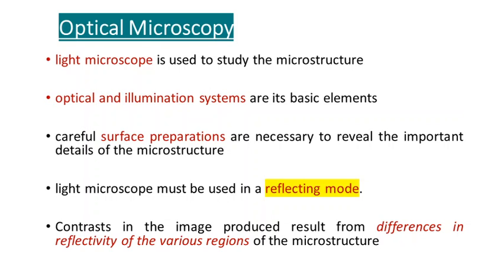This microscopic analysis is based on the reflectivity of light, so the light microscope must be used in a reflecting mode. The contrast in the magnified image is produced as a result of the difference in reflectivity at the various regions of the microstructure.